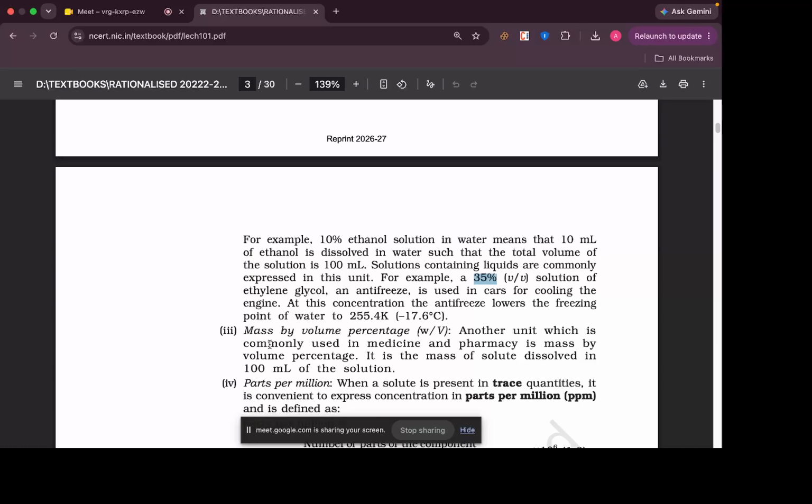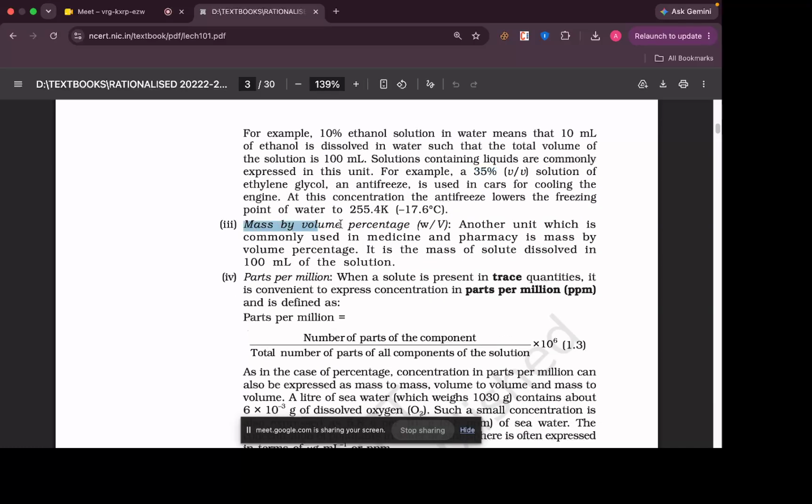Third is what? Mass by volume percentage. Mass by volume percentage is what? Molarity. Molarity, correct. Mass by volume percentage is not molarity. Okay. Molarity is what?